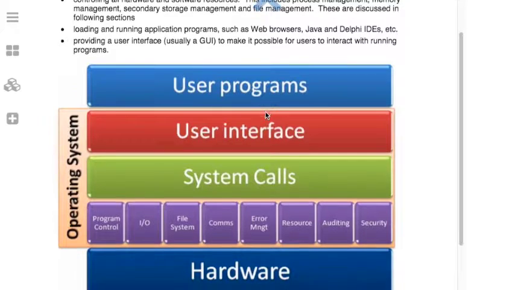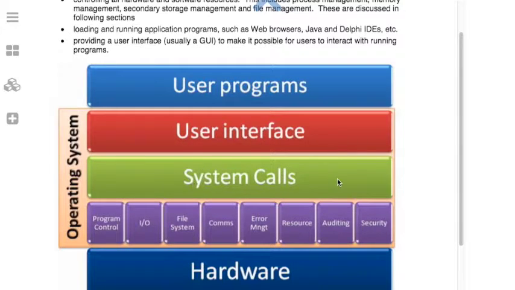Okay. So you can see your user programs run on top. This is what's classified as your operating system. So you've got your application software, user programs, and your hardware over here, and your operating system allows your user programs to utilize the hardware. And immediately below your application software is your user interface. That's how you interact with your operating system.